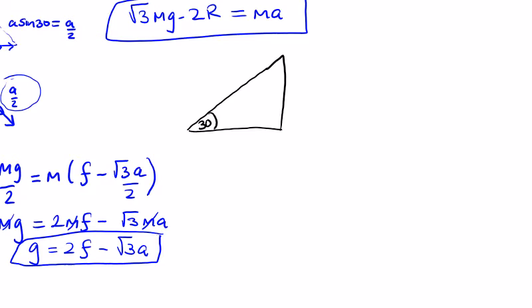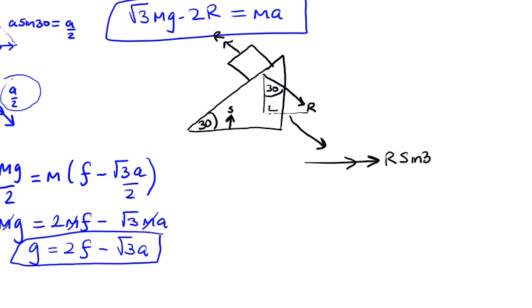With the reaction between the wedge and the table, I have this particle which has a reaction R in this direction, which means that this one down here is also going to be R. If I create a right angle triangle coming down this way and across, with my 30-degree angle in here, in terms of R, this side is R sin 30, which is R over 2.